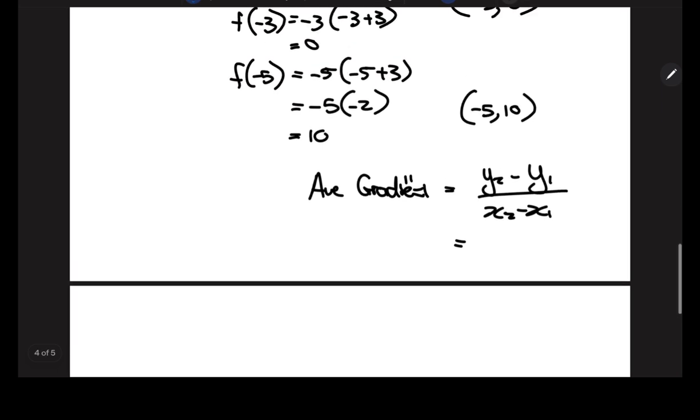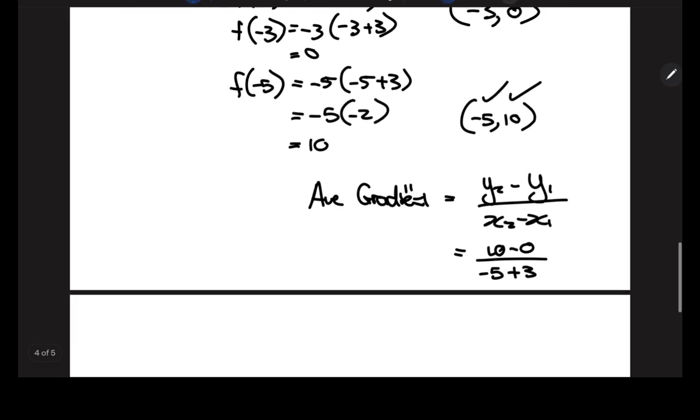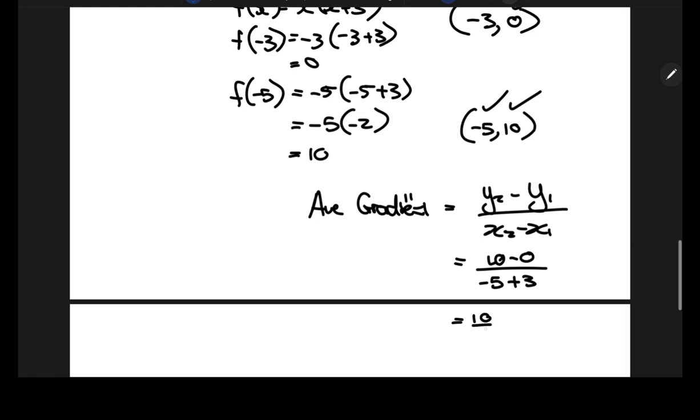I'm just going to take my y minus my y, so it's 10 minus 0, and minus 5 minus minus 3, which is a plus 3, so this is 10 over negative 2, which gives me an average gradient of negative 5.